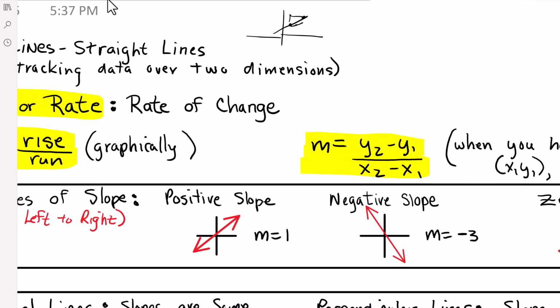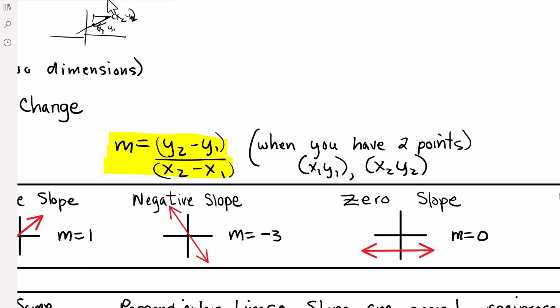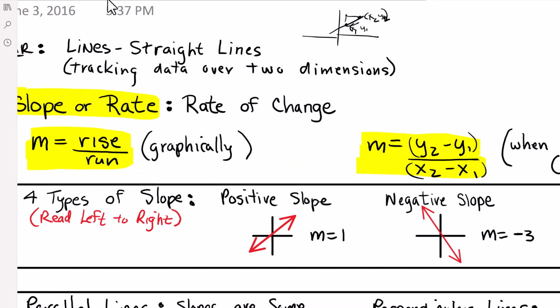Then you've got the formula, the second y, subtract the first y, divided by the second x, subtract the first x. When you divide those two, you get a ratio. That ratio produces the slope. And you use this formula when you have 2 points or you have a drawing. Although if you have a drawing, then rise over run is easier.